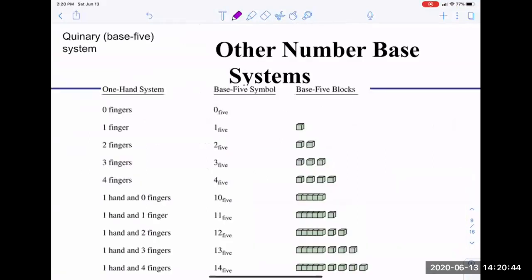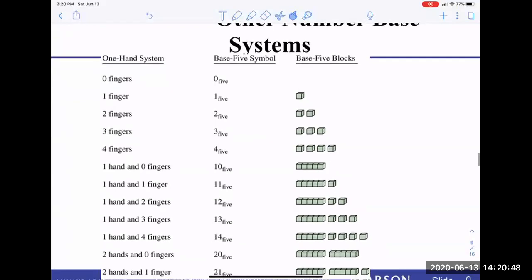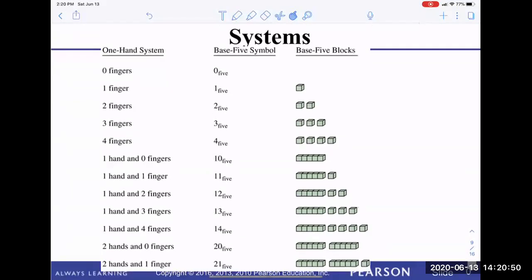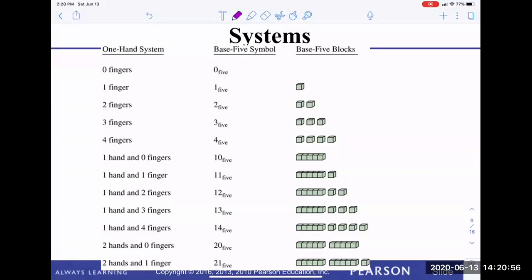So here's a base 5 system. With base 5, notice here, you can have 1, 2, 3, 4 in the ones place or the units place. But then suddenly, once you get a collection of 5, because it's base 5, that moves over to the second place value.